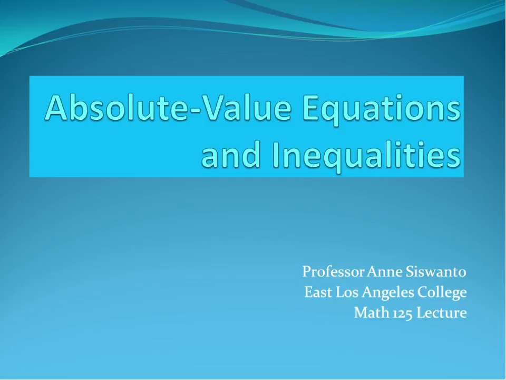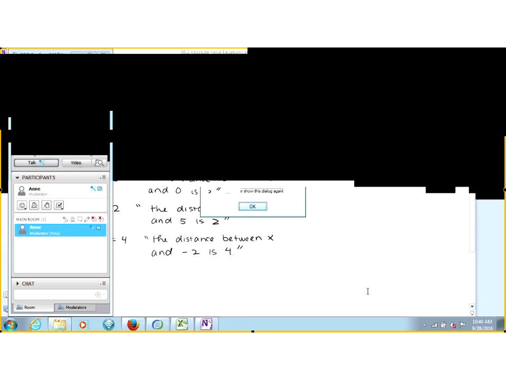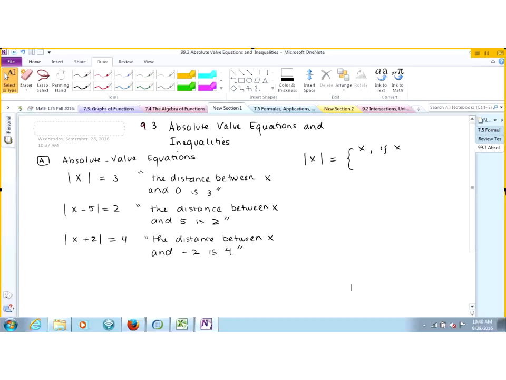Oh, am I sharing the desktop? Oh, no, I didn't. Okay, let me share the desktop. So absolute value of x is x if x is greater than or equal to 0, or negative x if x is less than 0.